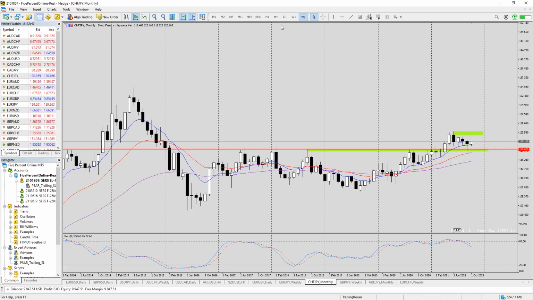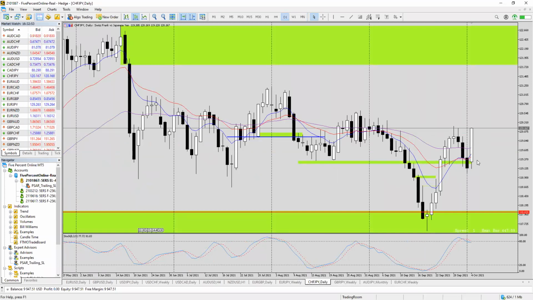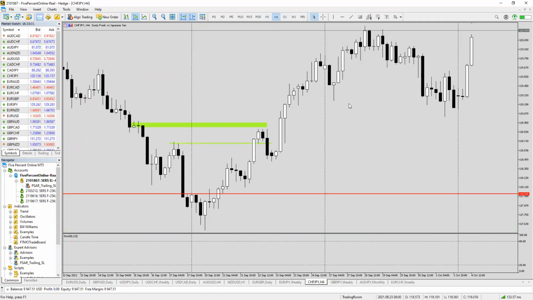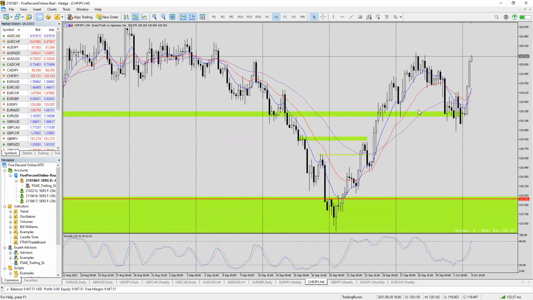Looks like the perfect setup. So taking long positions on Euro Swiss looks more like a safer position. Obviously not anywhere, because as you can see, it could go lower.